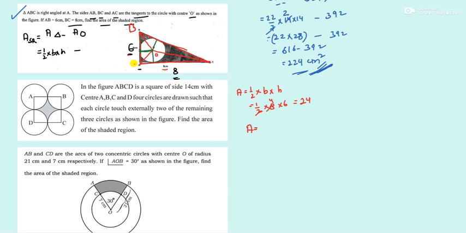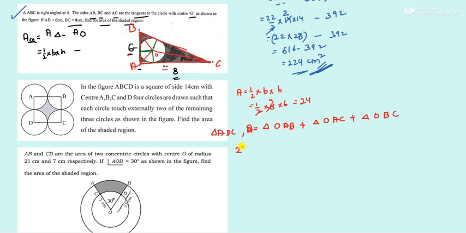This is B, A and C, and this is O. So I can write triangle OAB plus triangle OAC plus triangle OBC is equal to the triangle ABC area.